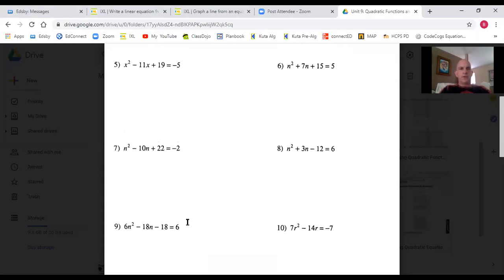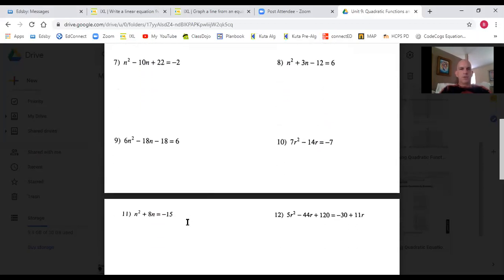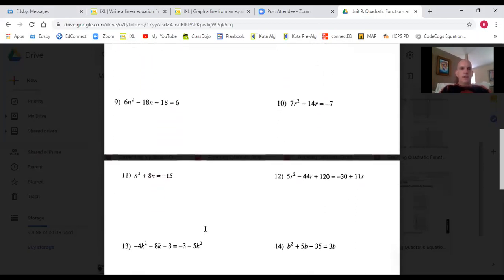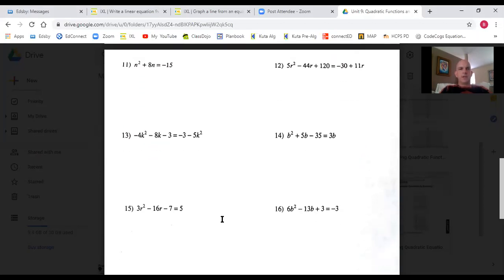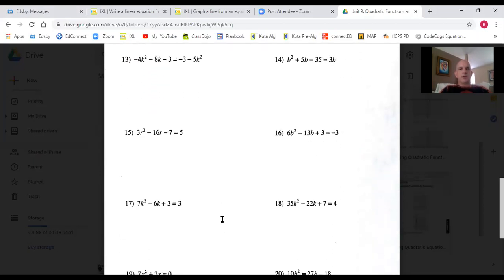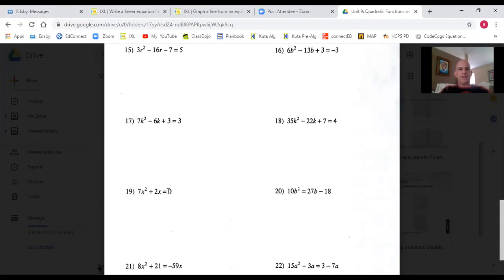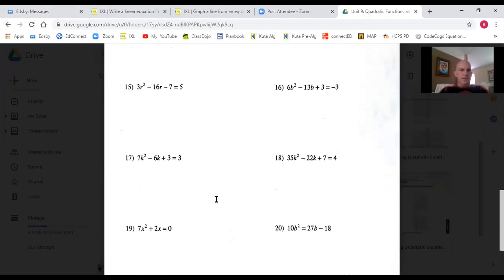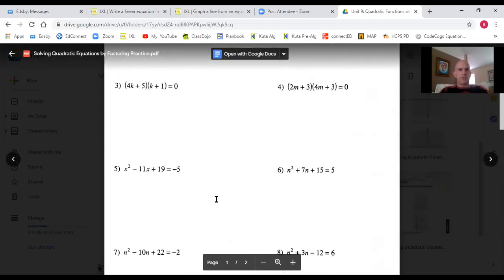So on 5, on 7, on 9, you'll need to move those numbers over. Same thing with 11. On 13, you'll need to move both of these things to the other side before you can start factoring. So all of those there, you'll need to get those set equal to 0. 19 is already equal to 0. So I believe I said, let's see, just double check, because I think I wanted you to do 10 problems.